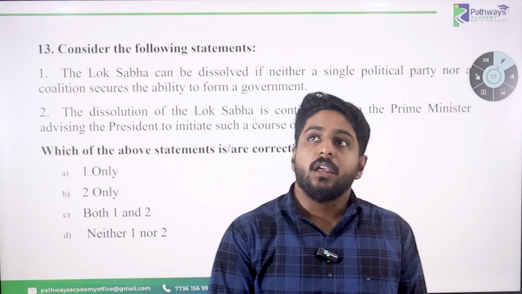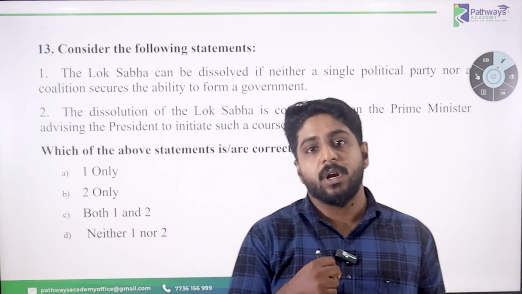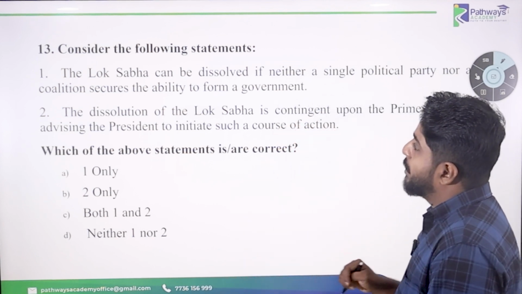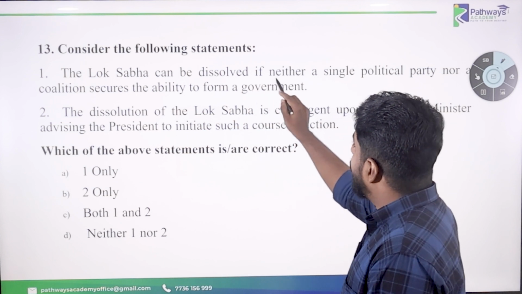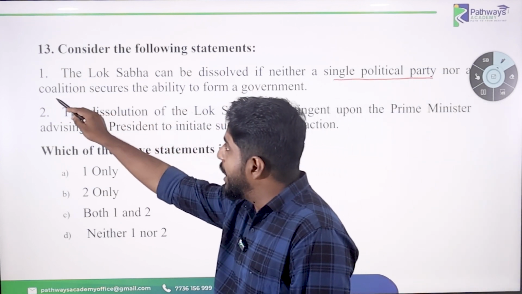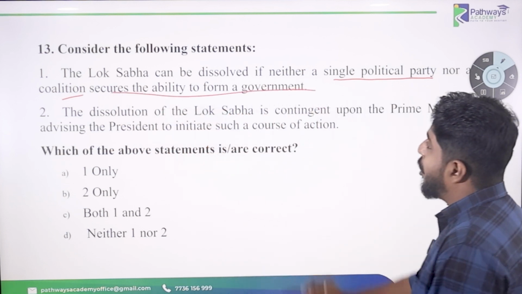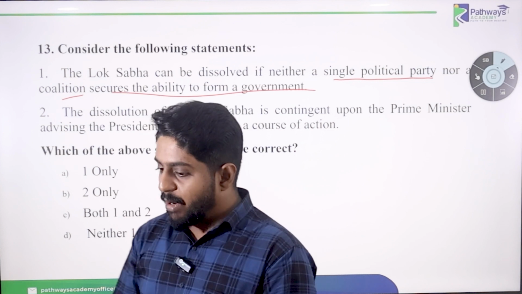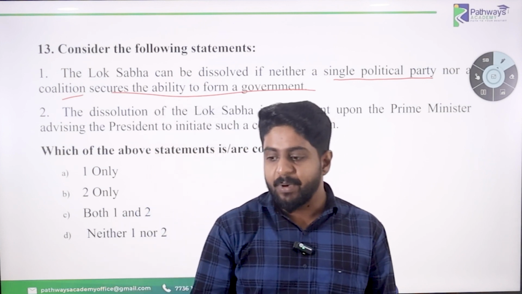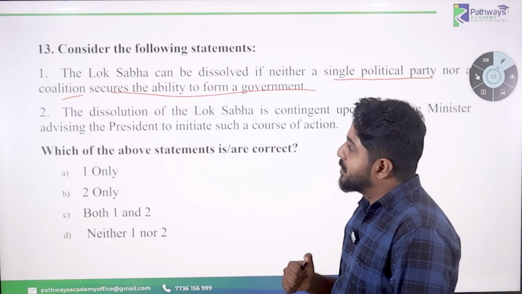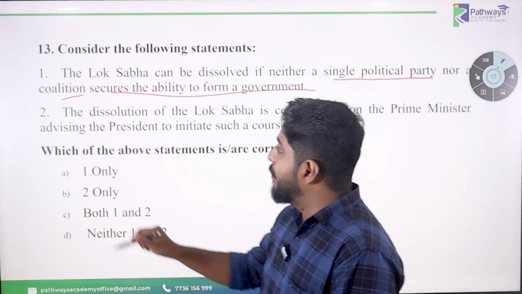If that is also not possible, then of course we will go for the dissolution of Lok Sabha. If nobody is able to form a government in Lok Sabha, the president will be dissolving Lok Sabha.